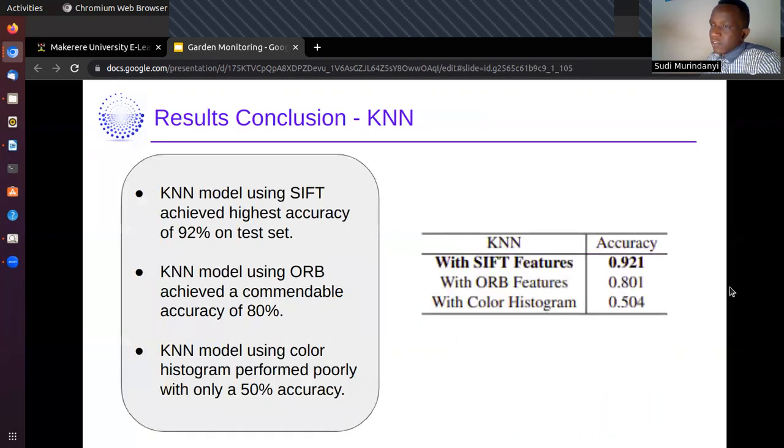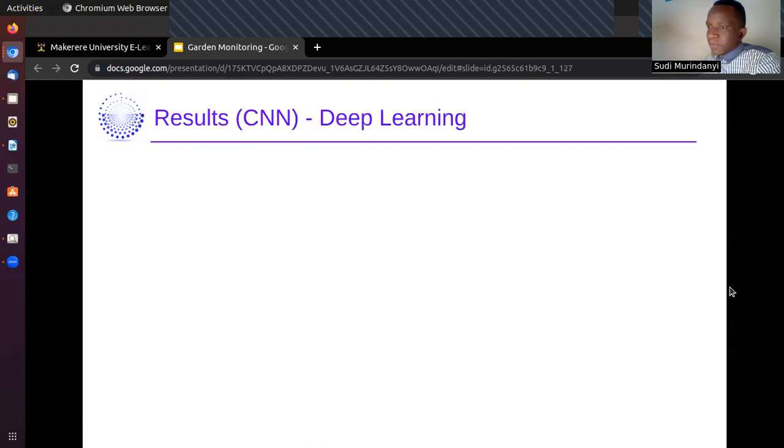So for the summary, we've seen that the KNN model developed using SIFT did perform very well, which is 92%, followed by the one with ORB at 80, and then lastly the color histogram. So for the second approach, deep learning, I trained two models. One is a CNN model.